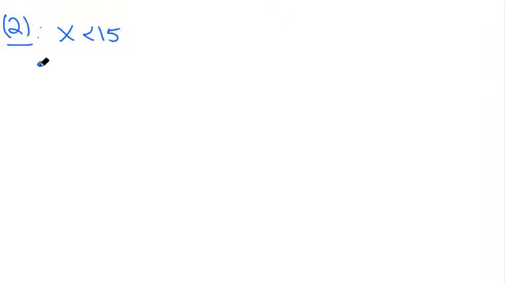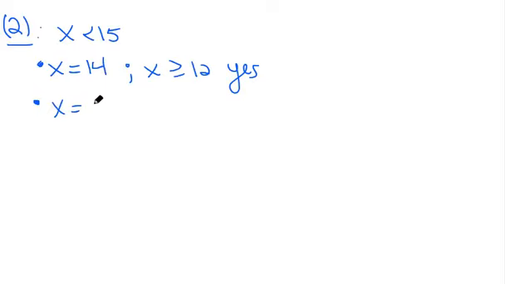X could be greater than 12. Say X is 14. In this case, X would be greater than or equal to 12, so the answer to the question would be yes. But say X is 6, then X would not be greater than or equal to 12, so the answer to the question would be no.